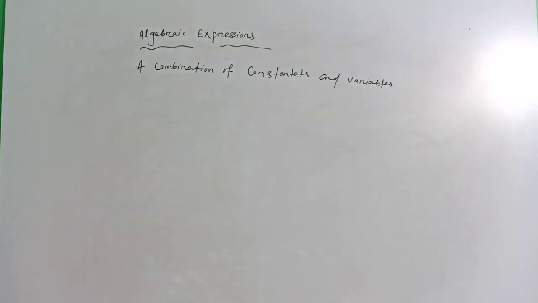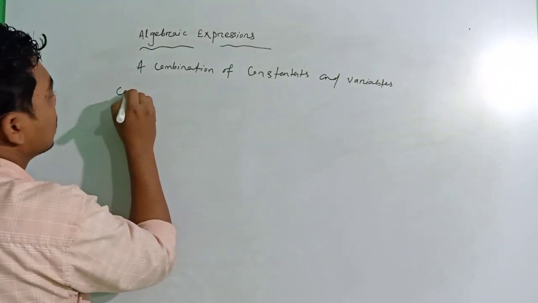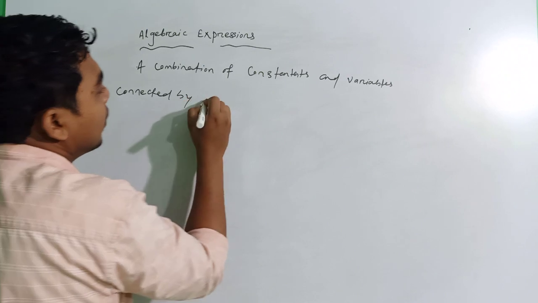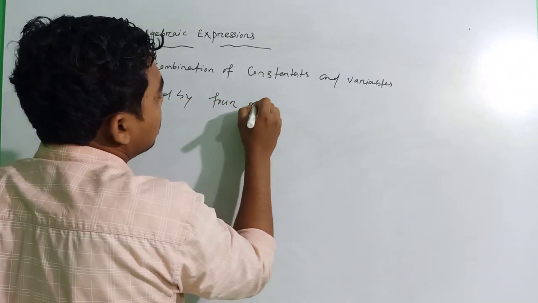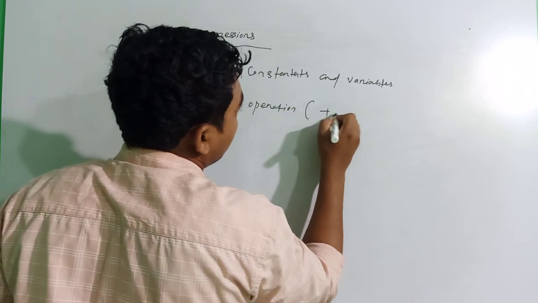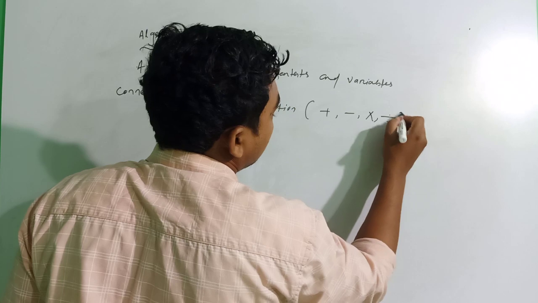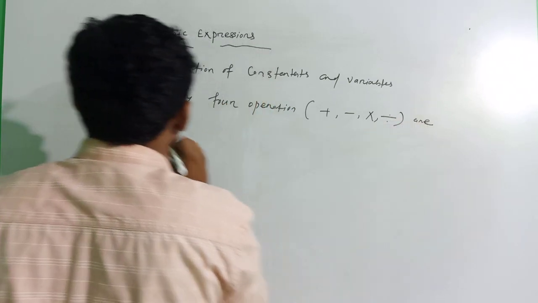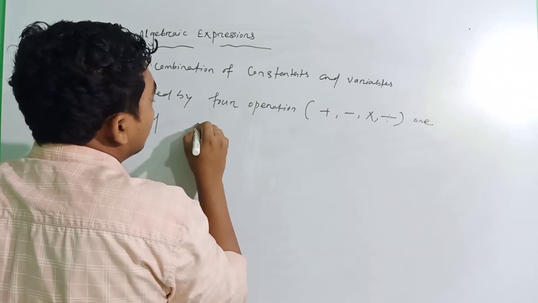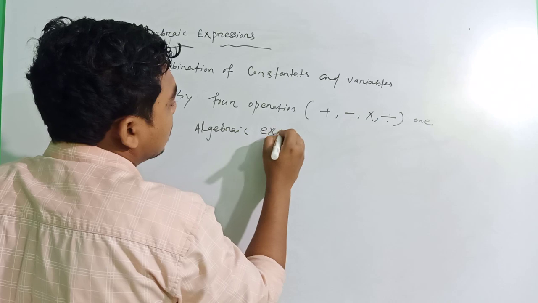A combination of constants and variables connected by four operations, plus, minus, multiplication and division, are called algebraic expressions.